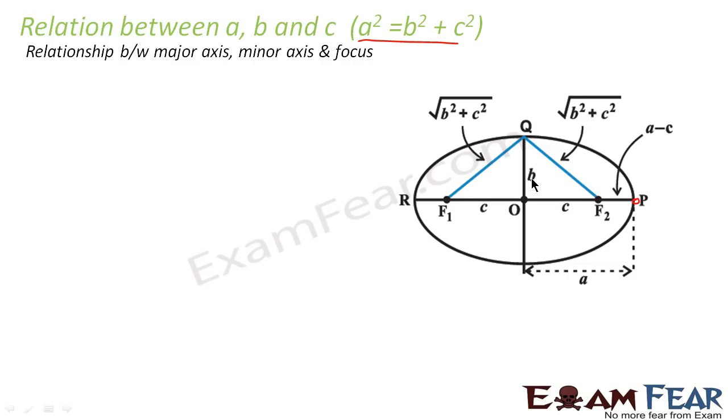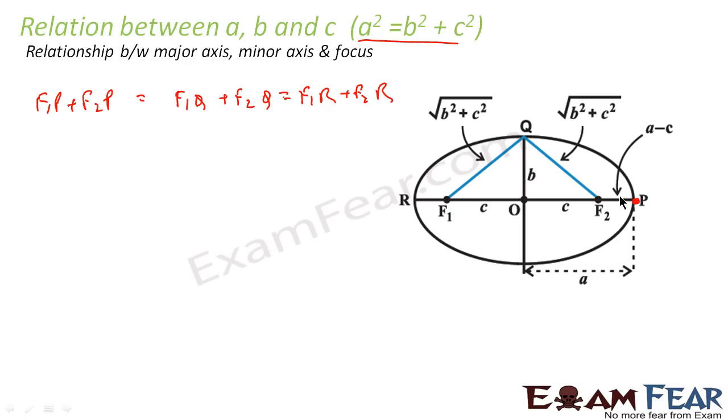Since P is part of the ellipse, we can say that F1P plus F2P should be equal to F1Q plus F2Q, which will also be equal to F1R plus F2R, because for any point on the ellipse, the sum of distances from the two foci is constant.